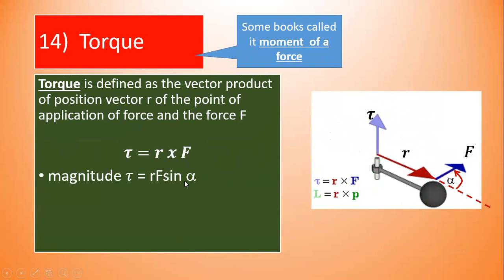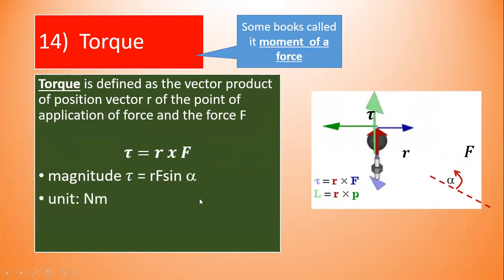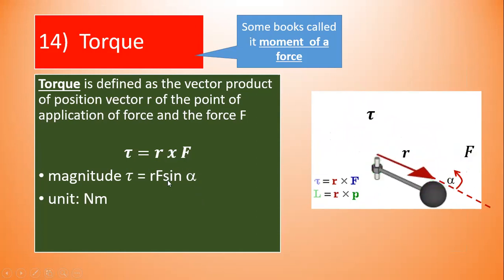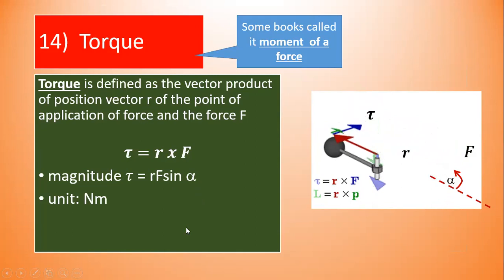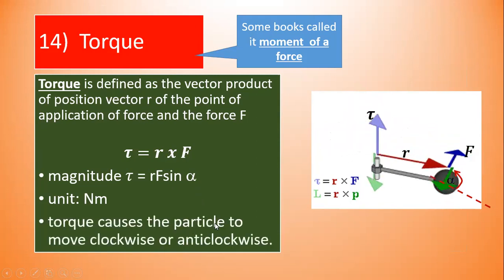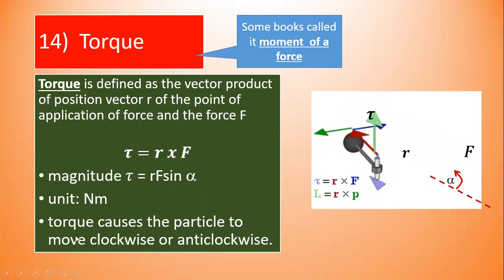The magnitude is F R sine alpha. Sine alpha doesn't have a unit. R is in meters, F is in Newtons, so the unit is Newton meter. So a torque causes a particle to move clockwise or anti-clockwise. This is clockwise. This is anti-clockwise.